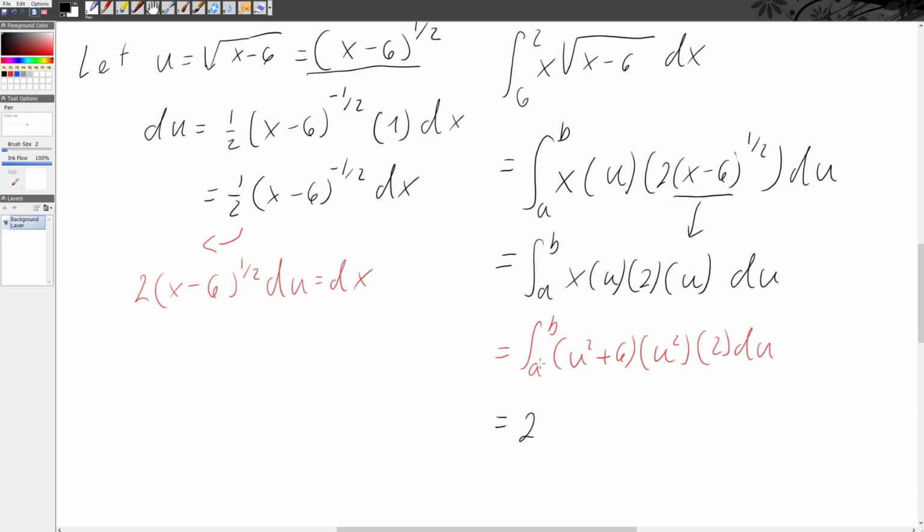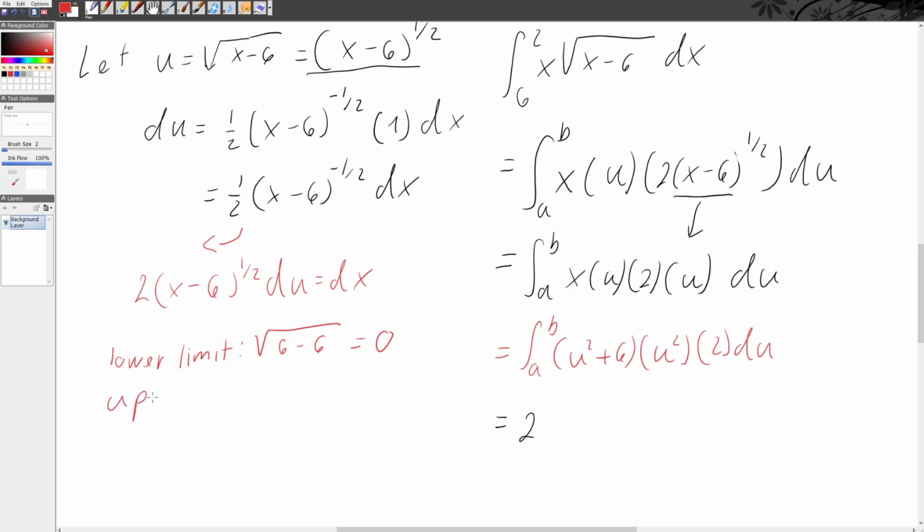I'm going to find the limits of integration. Since u is equal to the square root of x minus 6, the lower limit of integration is going to be given by the square root of 6 minus 6, which is 0.